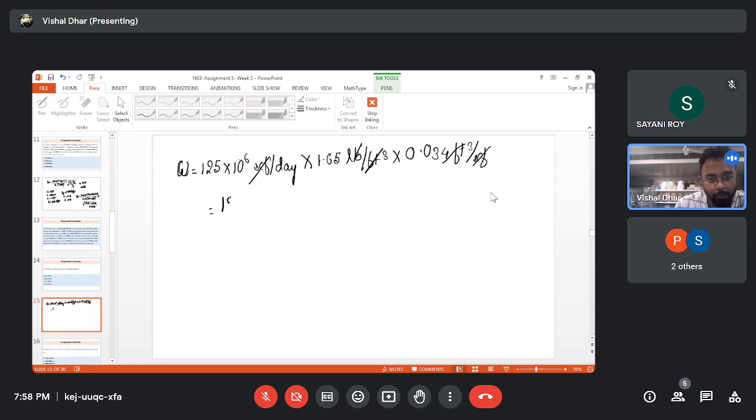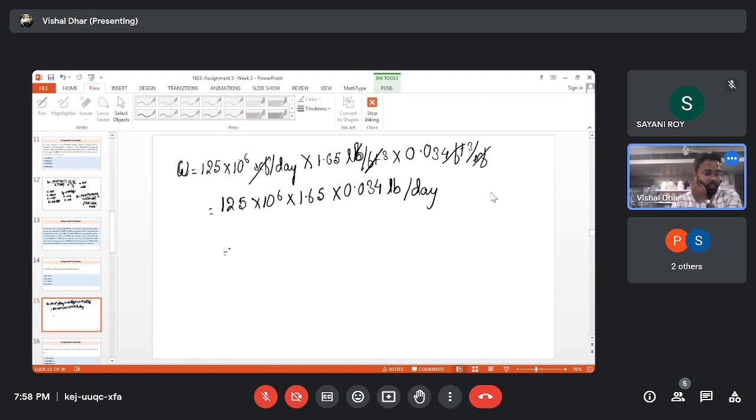So it comes out as 125 into 10 to the power 6 into 1.65 into 0.034 lb per day. The lb here is not cancelled out, it is there, lb per day.